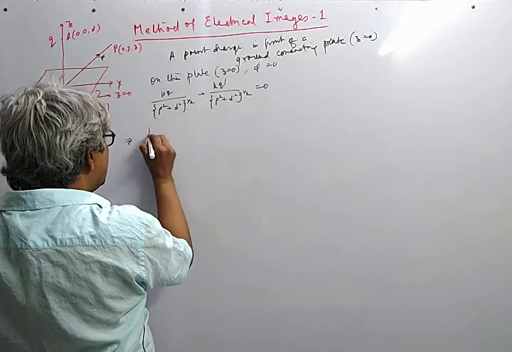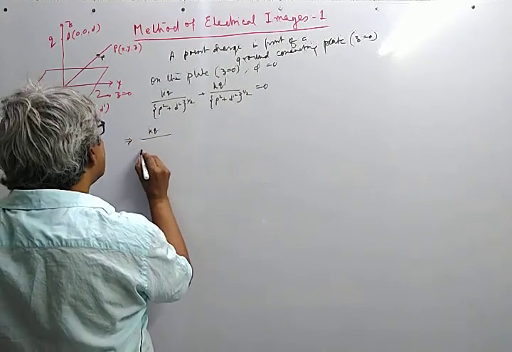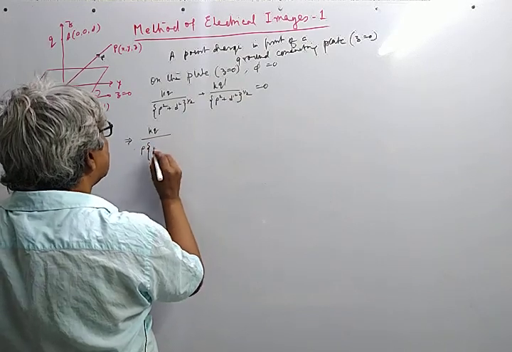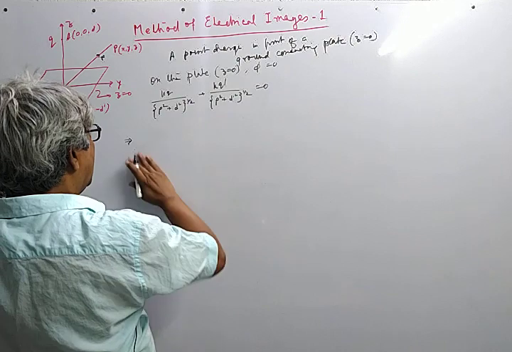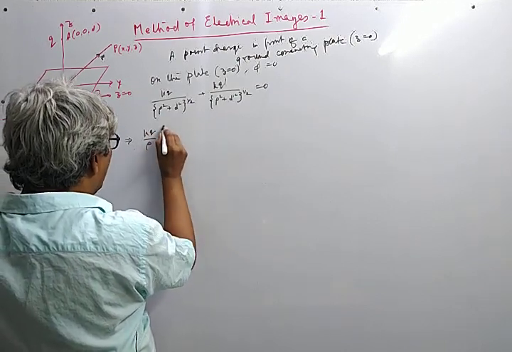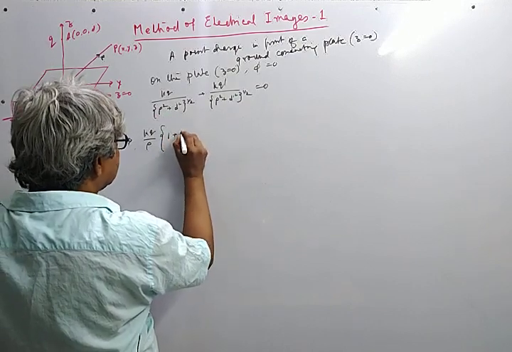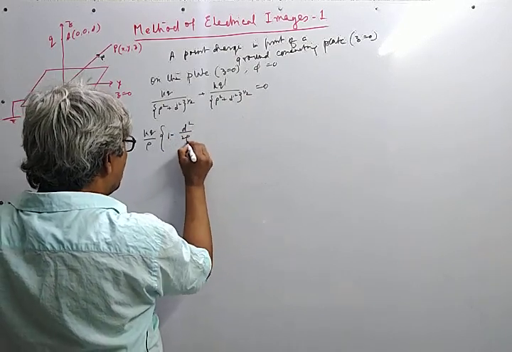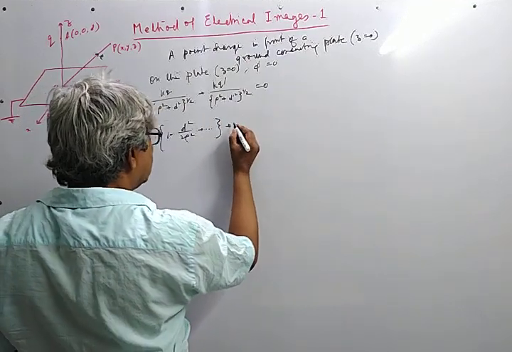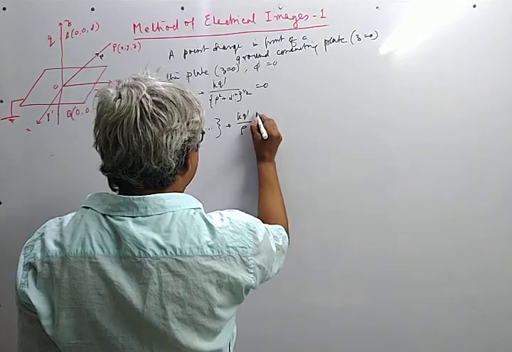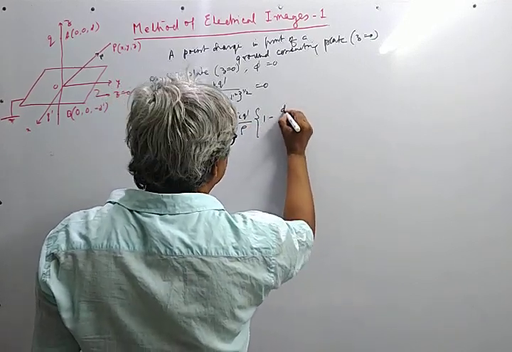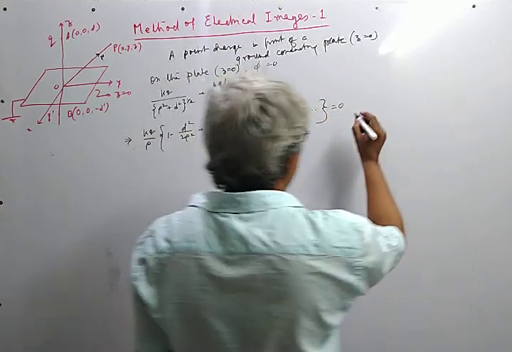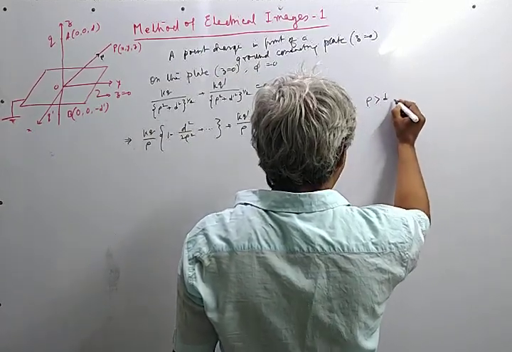This approximately gives kq by rho times 1 minus d square by 2 rho square plus higher order terms, plus kq prime by rho times 1 minus d prime square by 2 rho square plus higher order terms, is equal to 0, with the assumption that rho is greater than d and d prime.